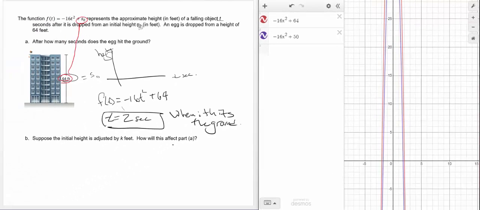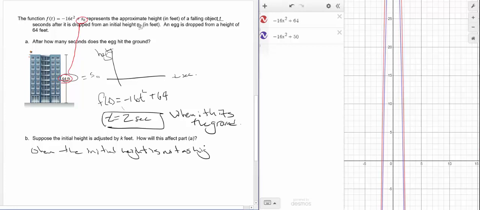So one way to interpret this is that when k is smaller, that makes the zeros smaller, which means it's going to hit the ground sooner. So when k is a negative number, or when the initial height is not as high, the egg will hit the ground sooner.